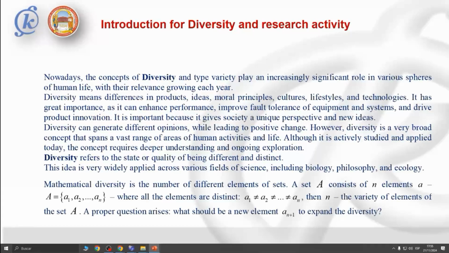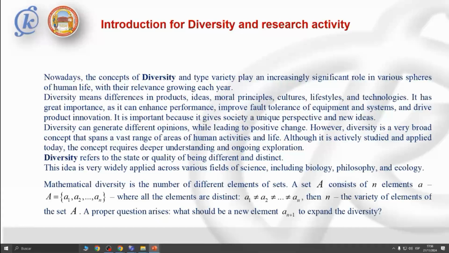Diversity is a very important term, and in mathematics, diversity is the number of different elements in a set A. We have here a set, and diversity is the different elements. The next question is the development of diversity and a second element. What is new with this element?